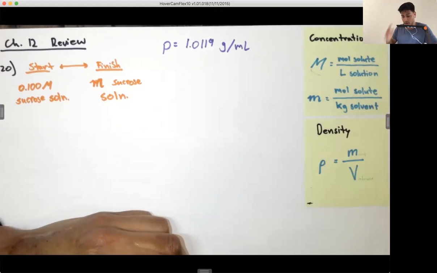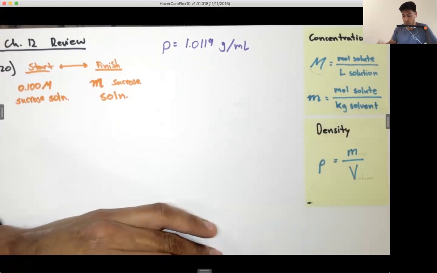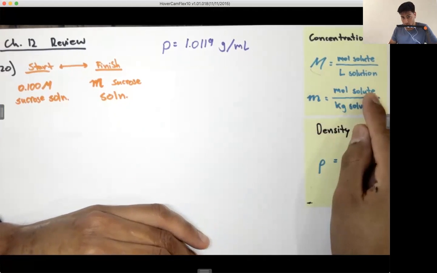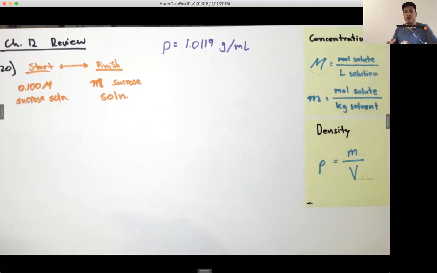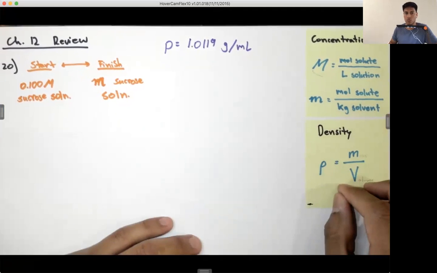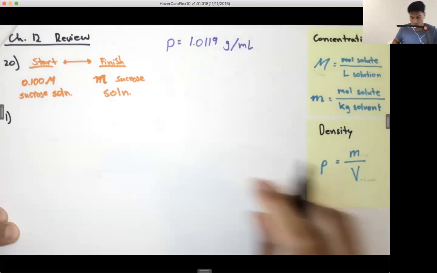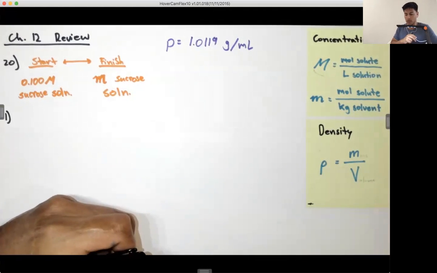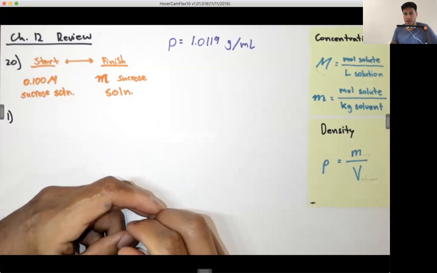Now let's think about it. Okay. Molality, it's asking us for the molality, which means we need to know two things. We need to know the moles of the solute and we need to know the kilograms of the solvent. Okay. Do we have either of these two things right now as it is? What do you guys think? Do we have moles of solute or kilograms of solvent with the information that we've been given?